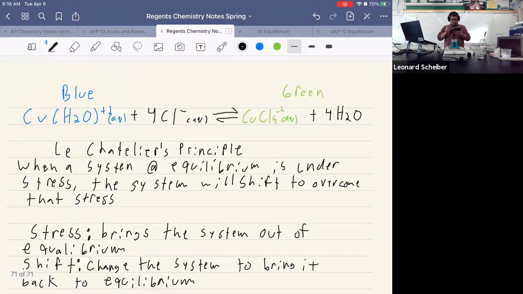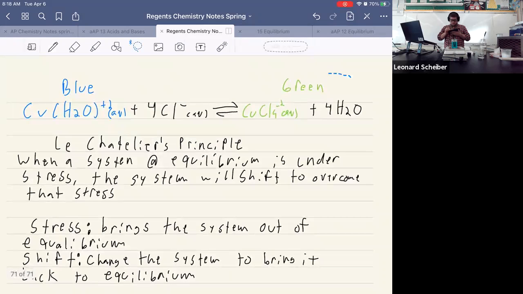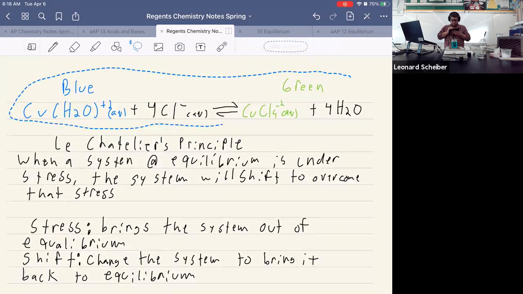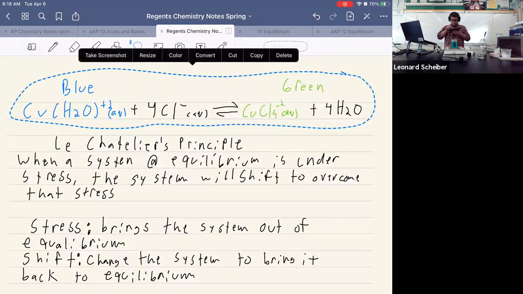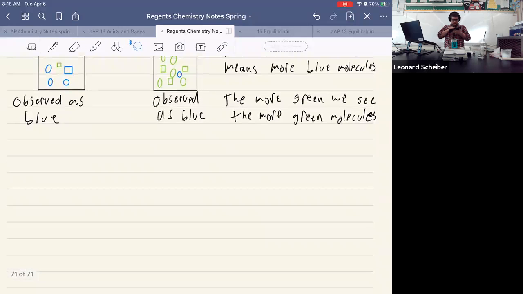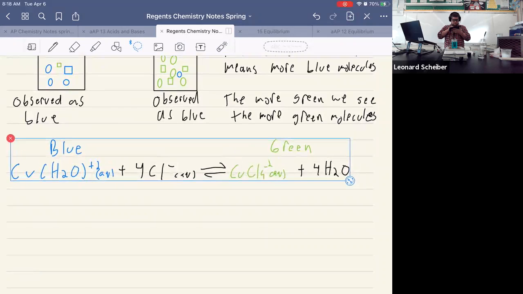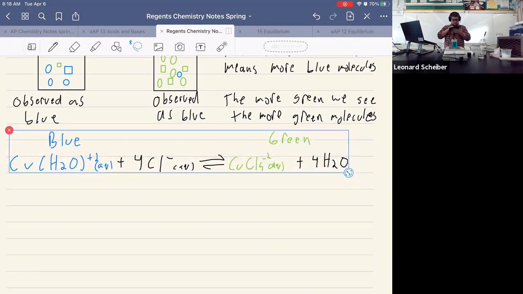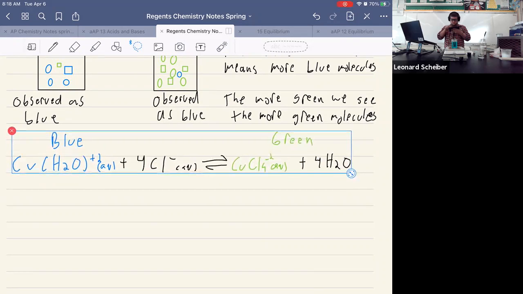So I'm going to rewrite the equation down here. So here is our system, right? We had green, we had blue.